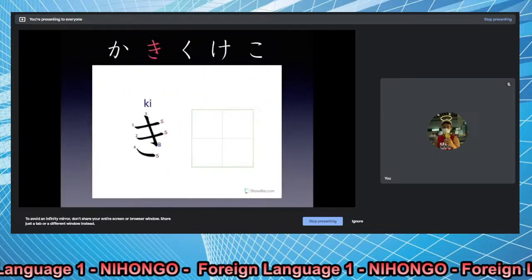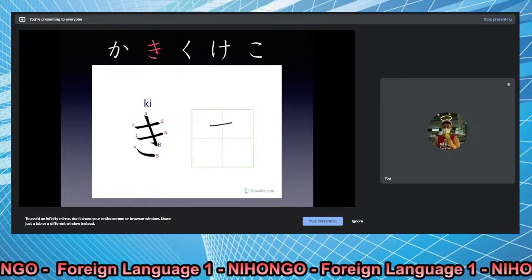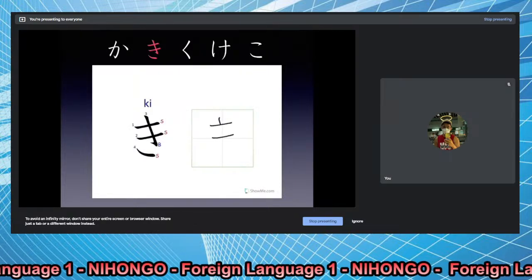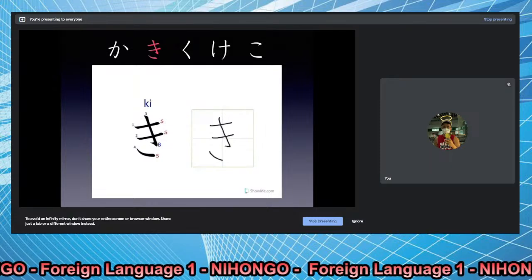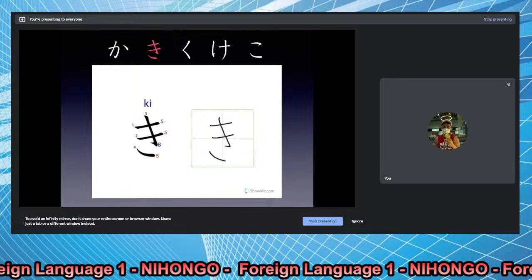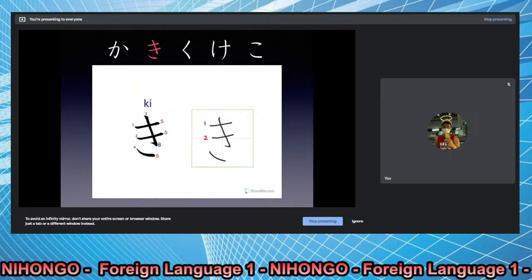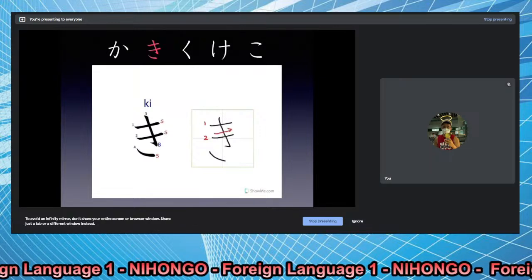The next letter is ki. 1. Stop. 2. Stop. 3. Brush up. 4. Stop. Strokes number 1 and 2 are almost the same length and slightly going up to the right.